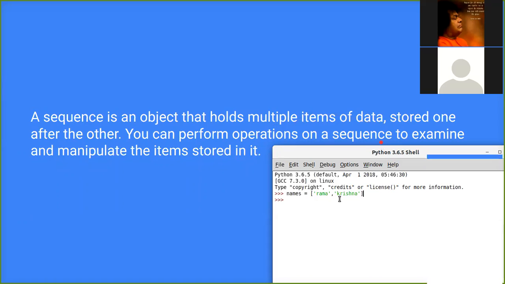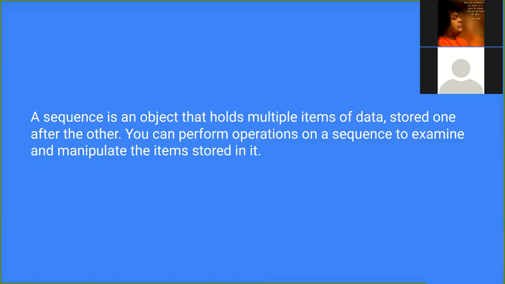That's the keyword you need to remember: multiple items, one after the other. So let's see how we store multiple items one after the other, and how this conforms to the concept of lists in Python.